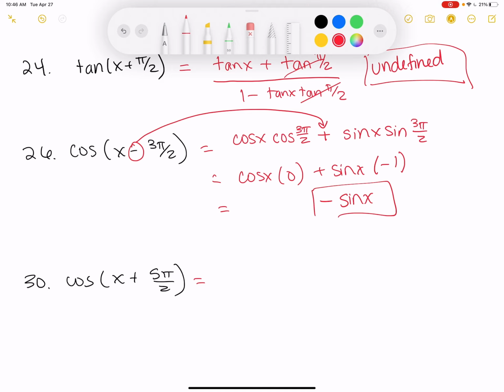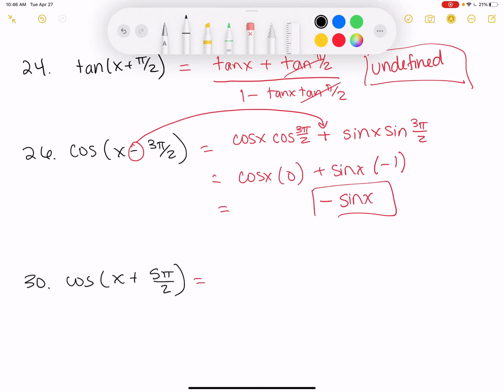Oh, is it this? It says 5 pi over 2, right? I don't know if I did it right, but I did it. Oh, we got number 16. Y'all should not need unit circles for these.